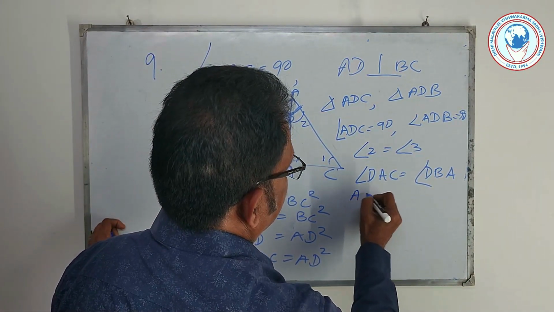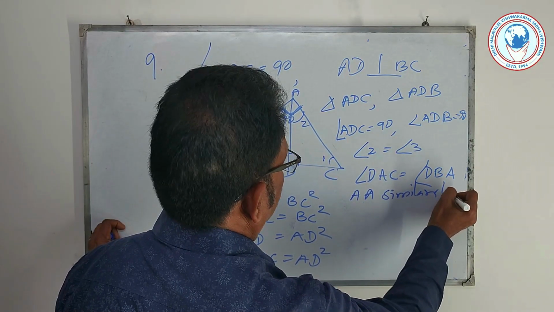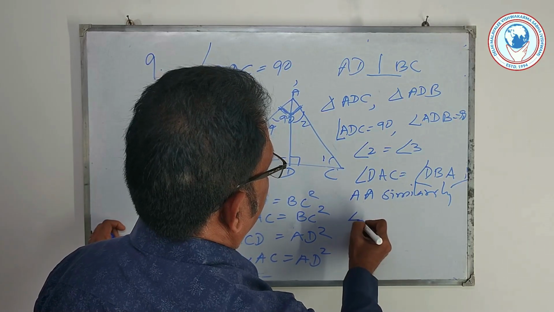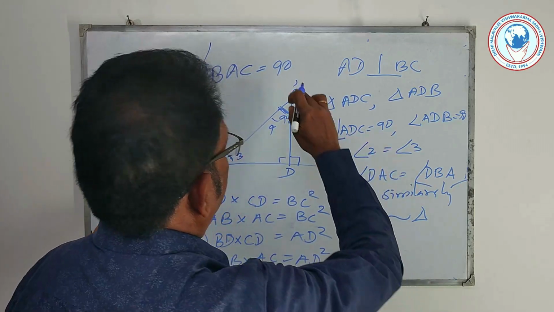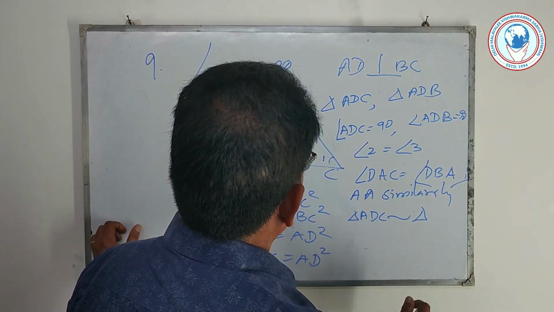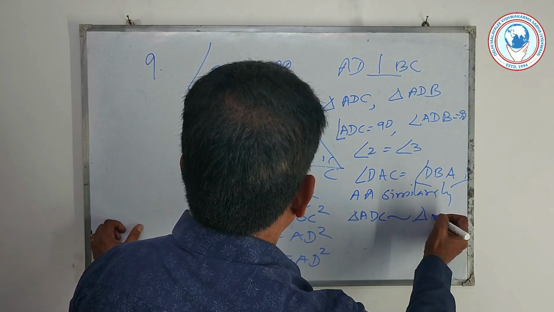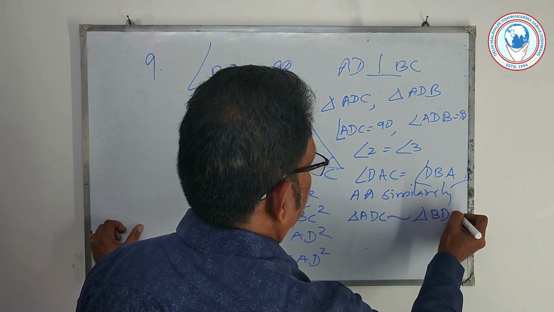Therefore, by AA similarity theorem, triangle ADC is similar to triangle BDA.